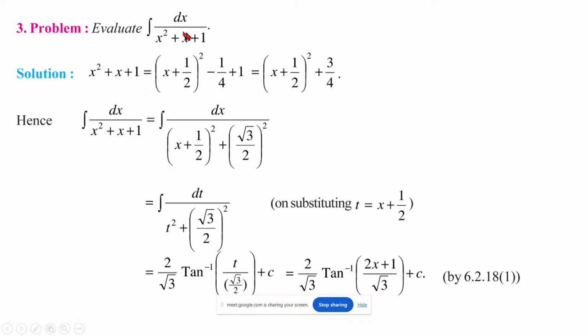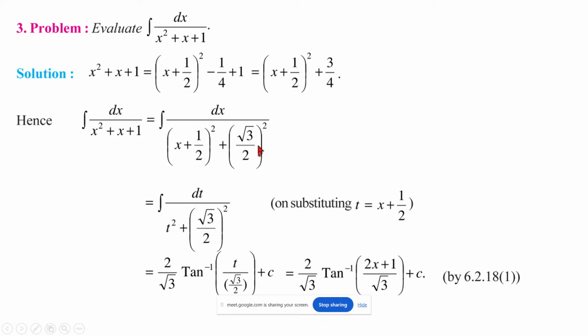See here what you have done. Here a is anyway 1, it doesn't matter. So you have expressed this as sum of this square plus this square. If you call it t square plus a square, then tan inverse t by a. This is what he has done.